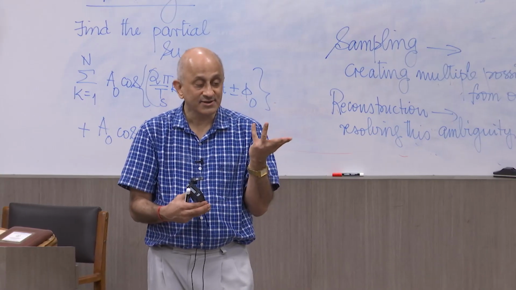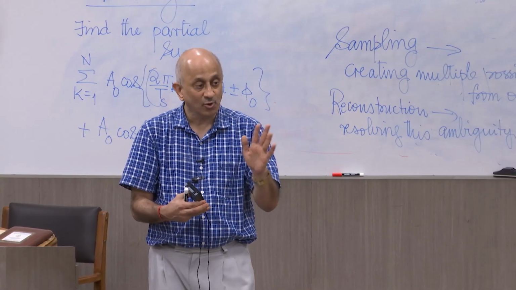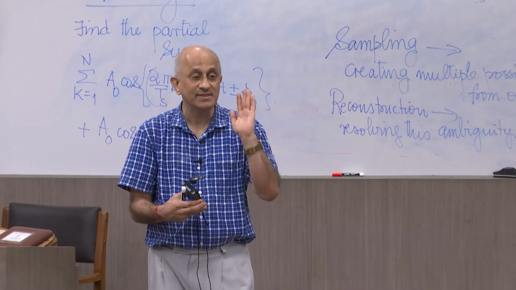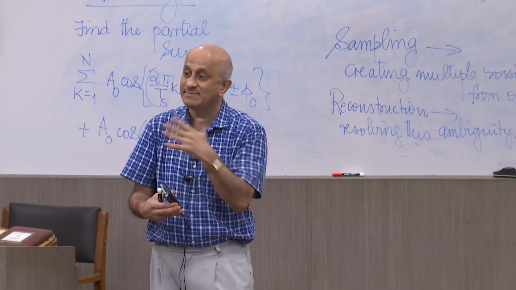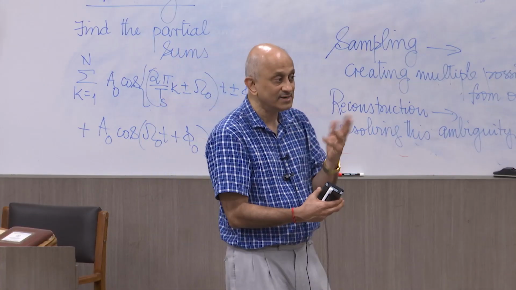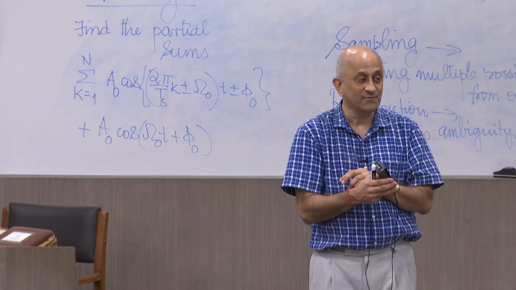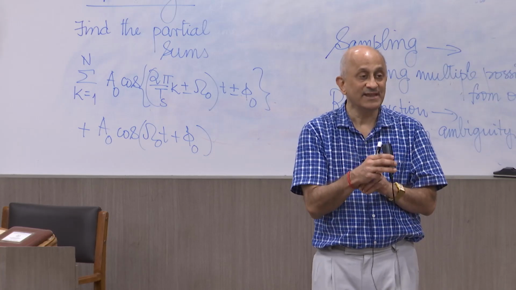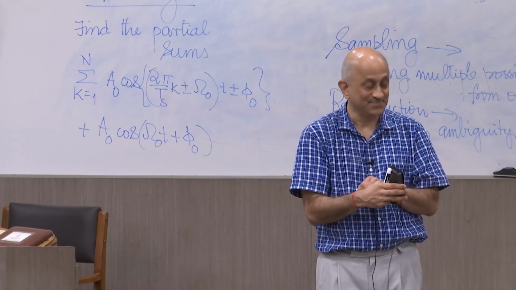What would you do to reconstruct the signal? Filter it so that all sinusoids whose frequencies are more than 10 kilohertz are eliminated. So you can put a low pass filter and cut it off at 10 kilohertz. Is that right? Okay.